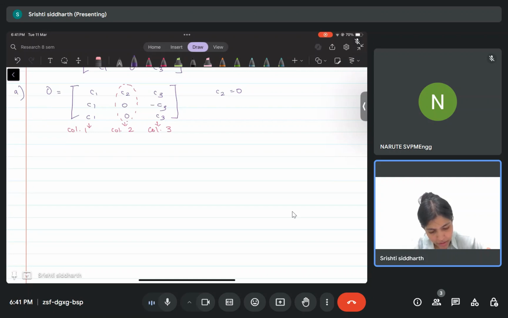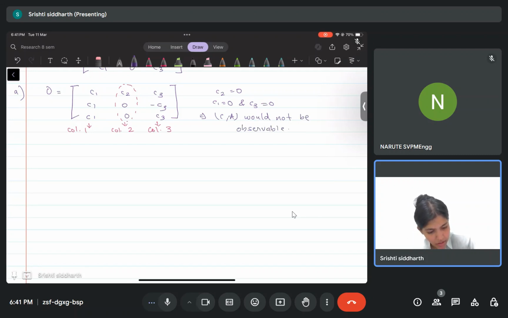So we need to find values of C1 and C3 as well. So if we put simply C1 equals 0, C3 equals 0, then the observability matrix would just be the 0 matrix. Then the pair CA would be unobservable.